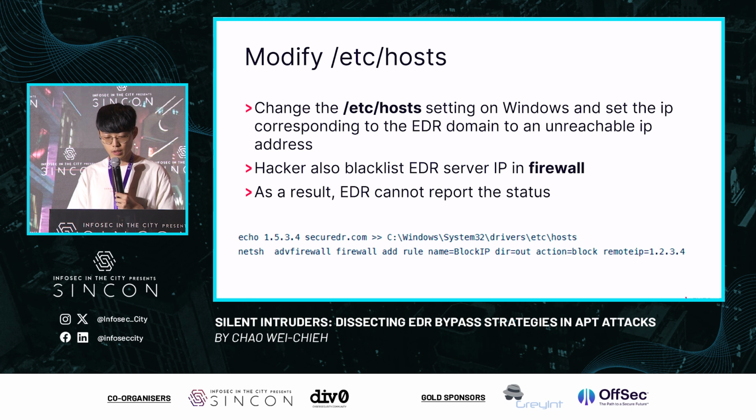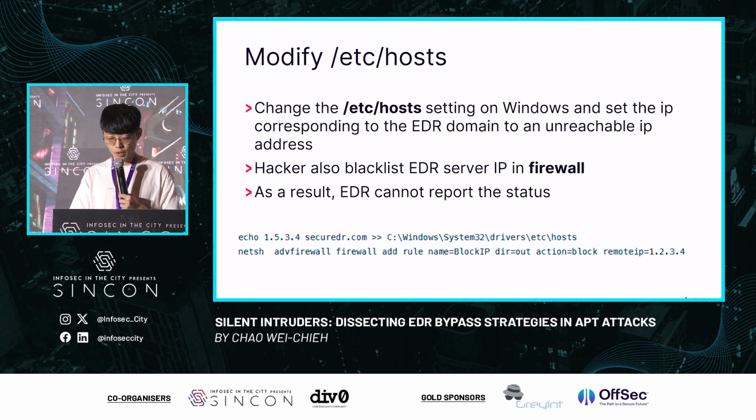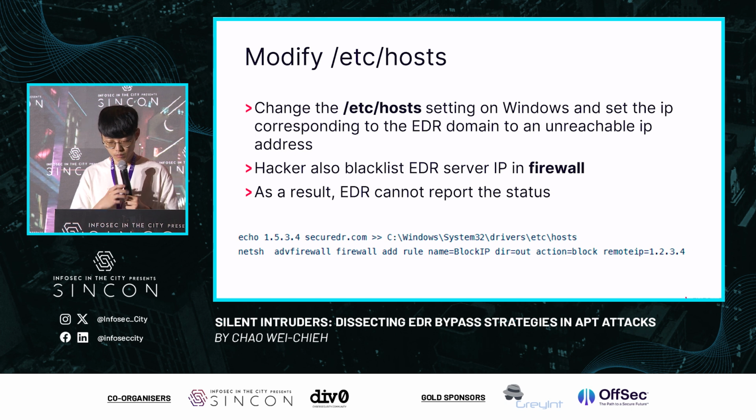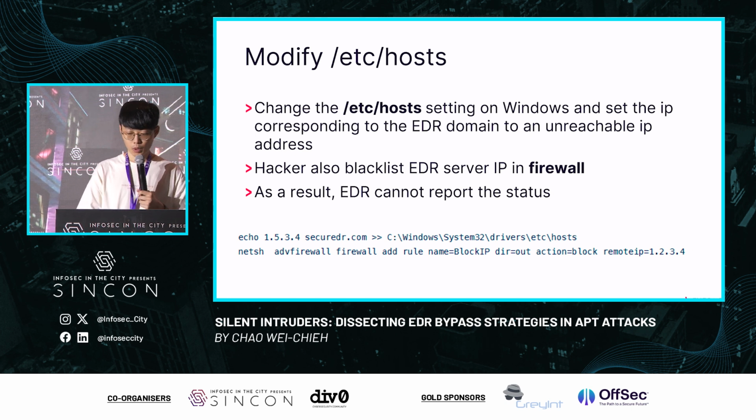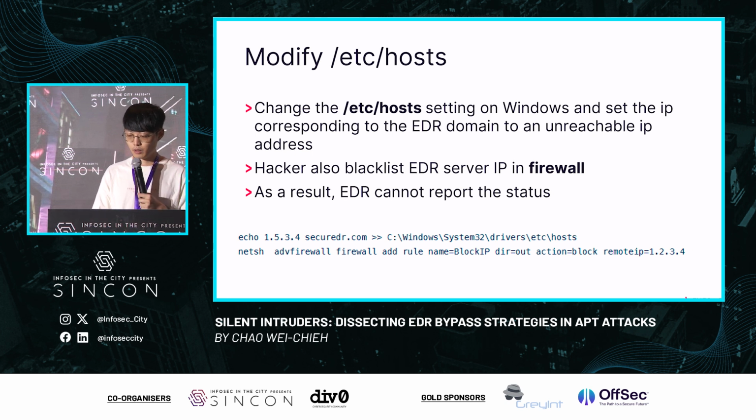Besides the domain, the attacker also tries to blacklist the EDR IP in the firewall as well. We can see in the following command, they use netsh advfirewall to add a rule in the firewall to block the EDR IP address. This makes both the domain and IP unavailable to the EDR agent.